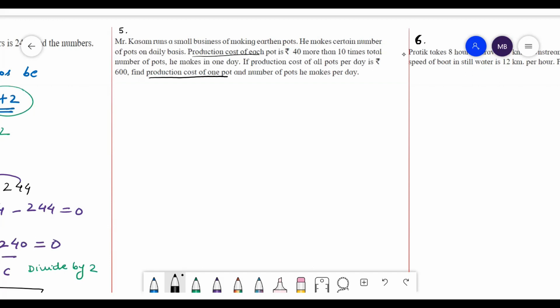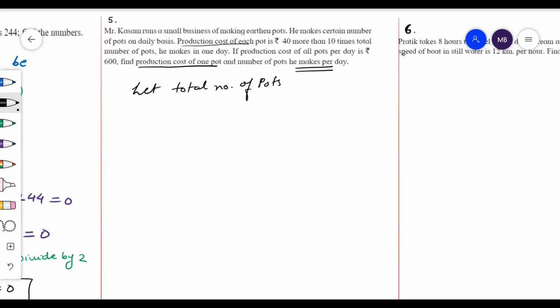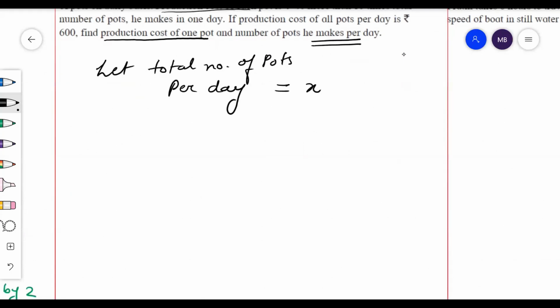So we'll let the total number of pots that he made per day be equal to x.